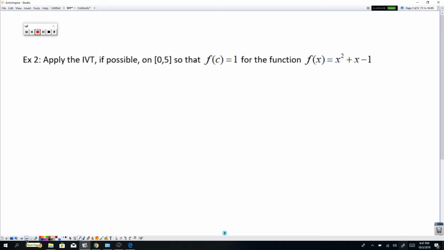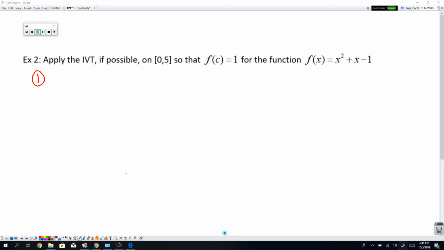So this says apply the IVT if possible on 0, 5 so that f of c equals 1 for the function f of x equals x squared plus x minus 1. So for this example, you're going to do exactly what we've been doing before. So we need to determine that it's continuous. So is x squared plus x minus 1 a polynomial?